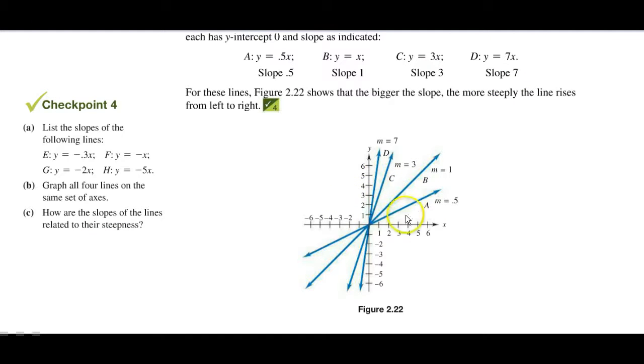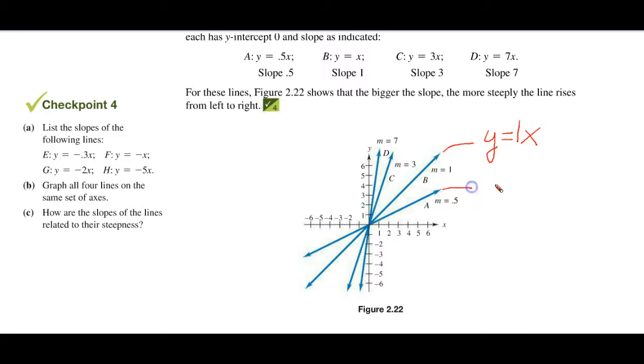I like this because they're showing you relationships of slope. Here for this one, and by the way, all the y-intercepts are 0. So for this equation, this is going to be y equals x. Because what's the slope of this line? 1.